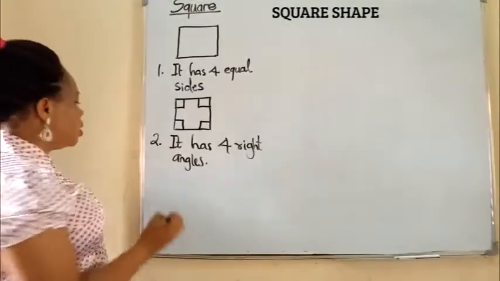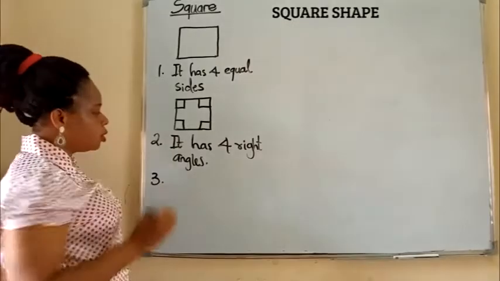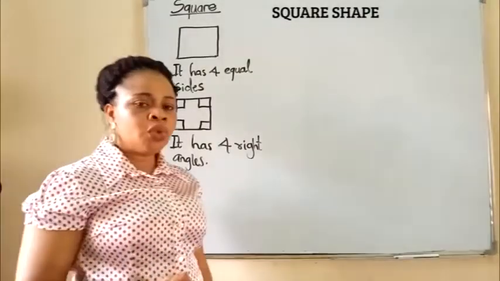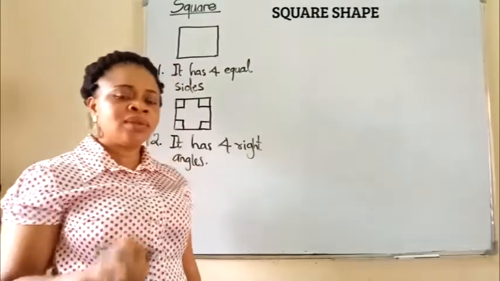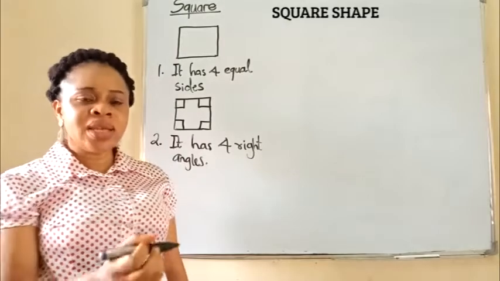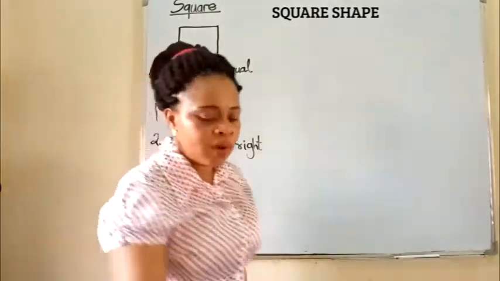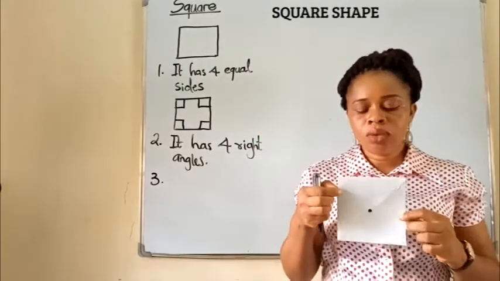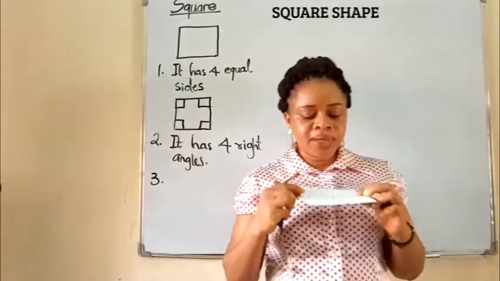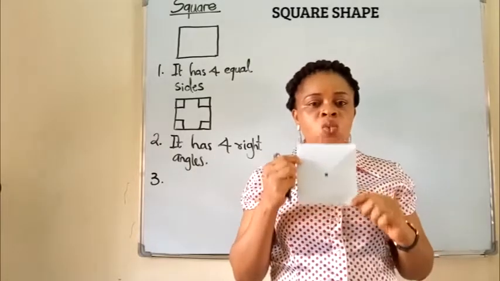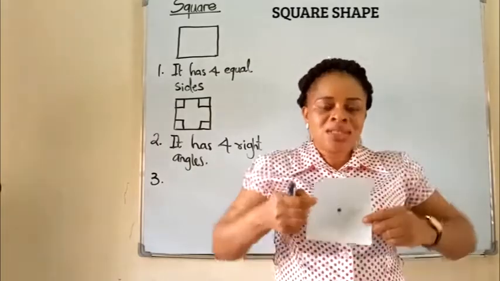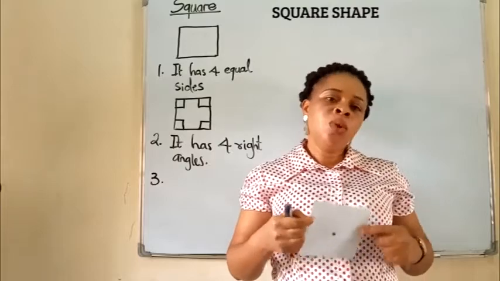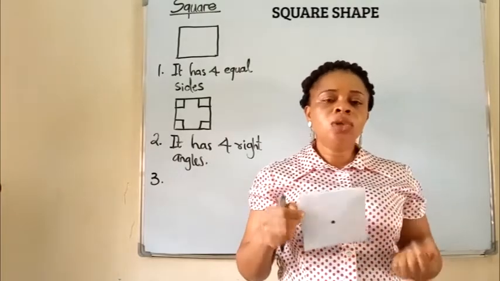Okay, then number 3, I also want to know how many symmetric lines I can find in a square. For example, I have a square shape. How many symmetric lines can I find in this square shape? Number 1, I want to define what a symmetric line is. When we say lines of symmetry, what do they actually mean?